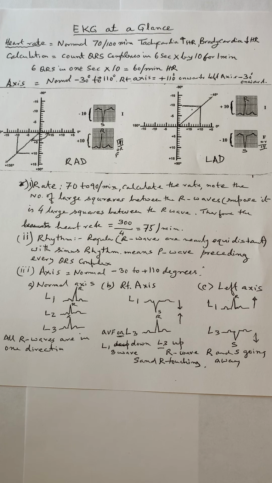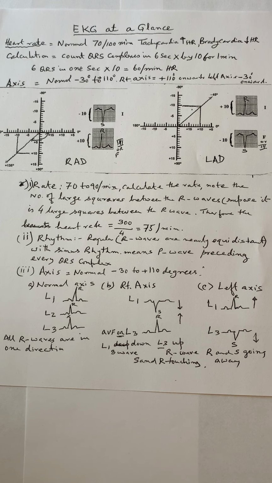Now, how to calculate heart rate? You count the number of QRS waves during 6 seconds. 25 millimeters comes out in the machine in 1 second. So in 6 seconds, how many QRS complexes are there?